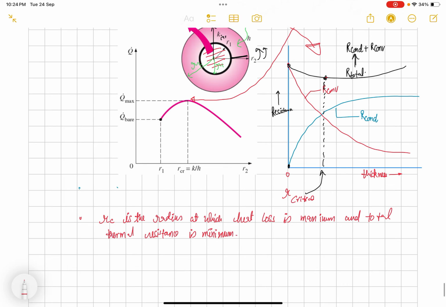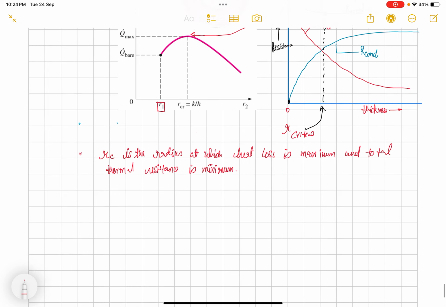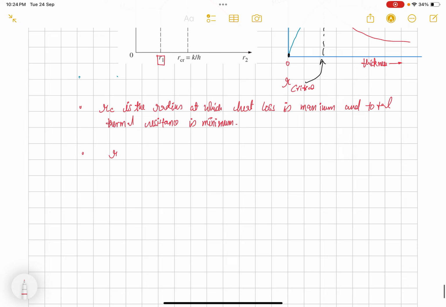So next, let's do some thought experiment to understand this phenomenon more comprehensively. Let's say we are at this radius r1. R1 is the radius when there is no insulation on the material. The radius of the base material is r1, and let's say r1 is less than rc.